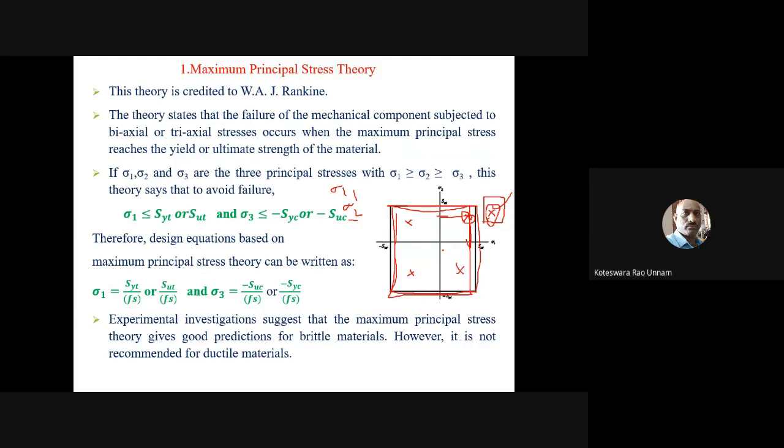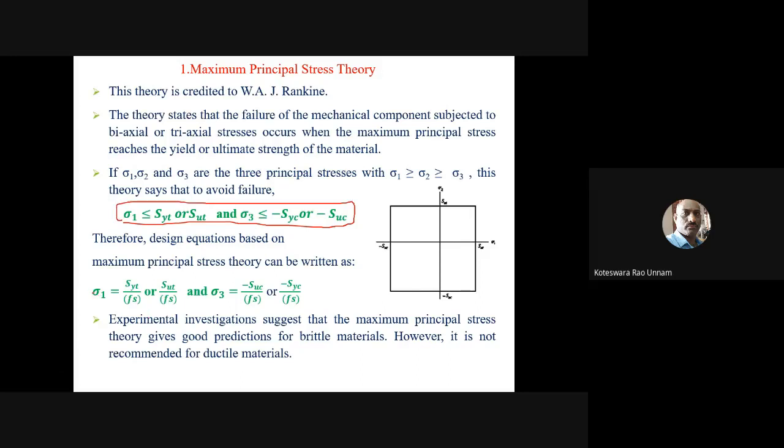It need not be in the first quadrant, it may be in the second, third or fourth quadrant. Whatever the quadrant, you need to make sure that your design point lies within this failure envelope. If it goes beyond, your component is going to fail. This is how you can define the failure equations in case of the maximum normal stress theory.